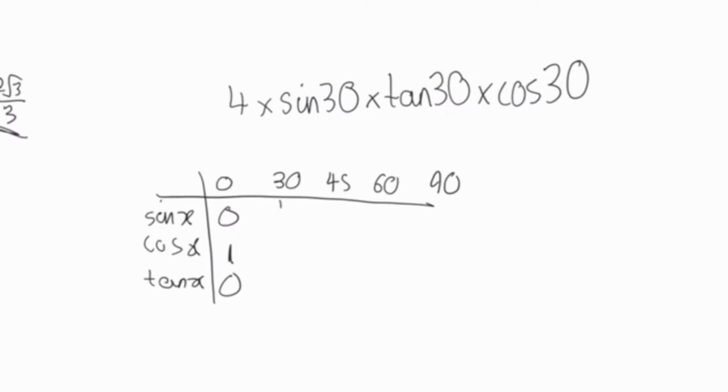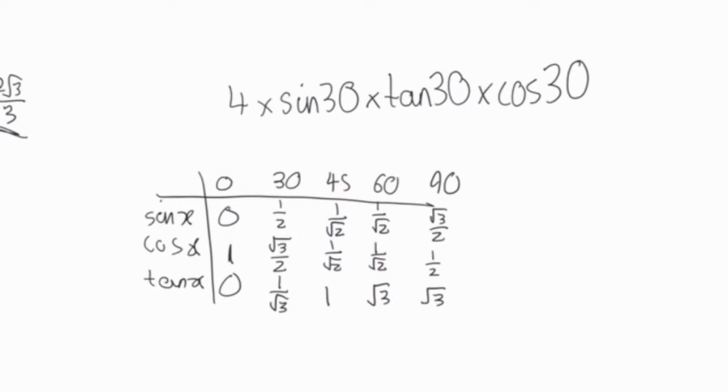If we continue filling this out, for 30 degrees we have this. For 45 degrees, this is where sine and cos are the same. They are both 1 over root 2, and tan of 45 is 1. For 60, we have root 3 over 2, a half, and then 1 over root 2.